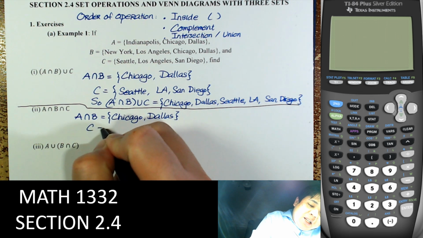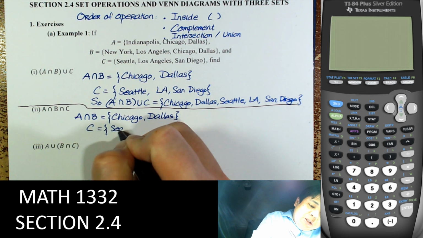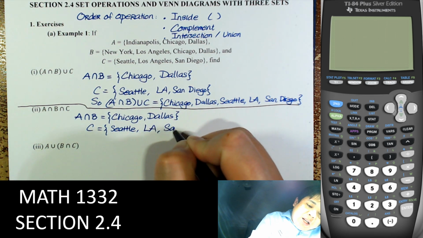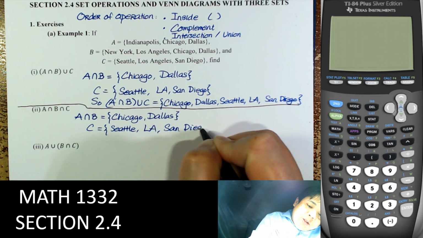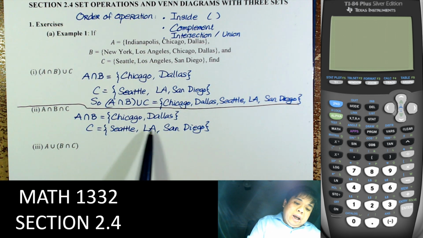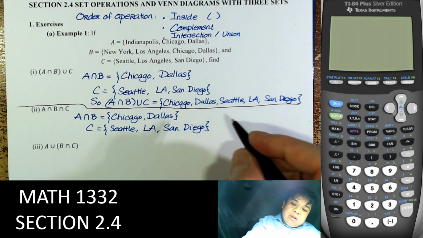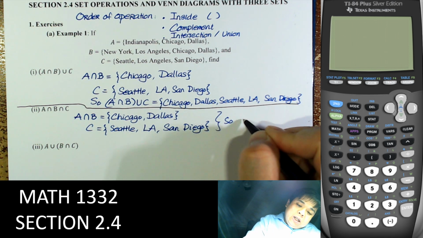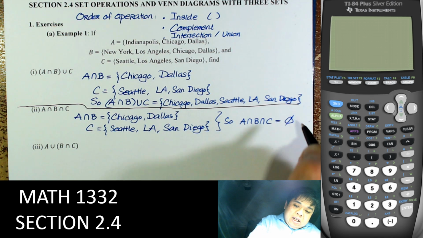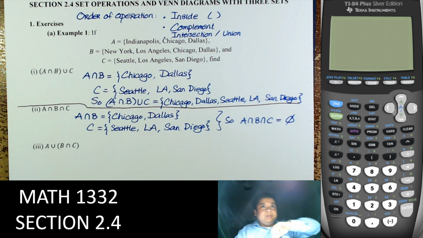And then C is Seattle, LA, and San Diego. Now we find the intersection of these two, and you see there's nothing in common. So A intersect B intersect C is just an empty set.